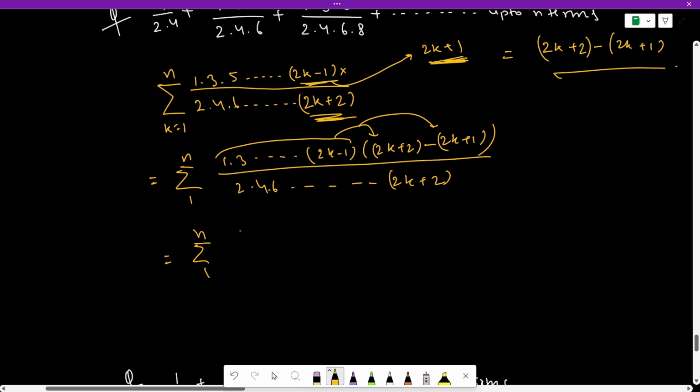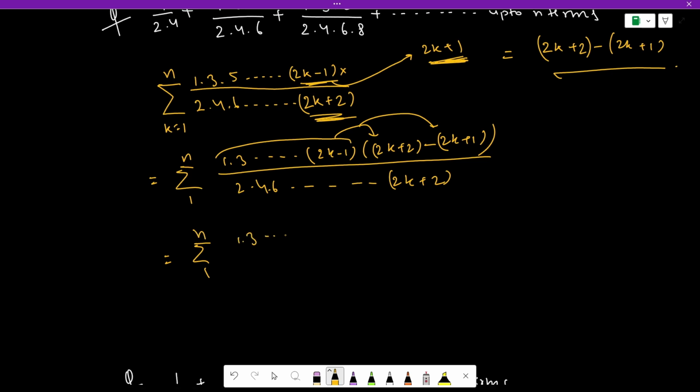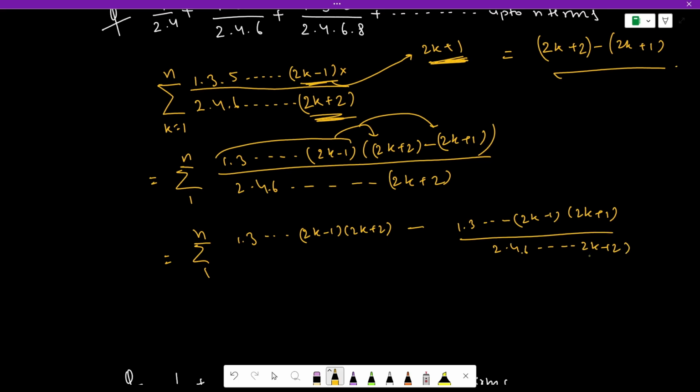Summation 1 to n, 1 3 and so on 2k minus 1 into 2k plus 2, minus 1 3 so on till 2k minus 1 into 2k plus 1, divided by 2 4 6 till 2k plus 2, and this also divided by 2 4 6 so on until 2k plus 2.